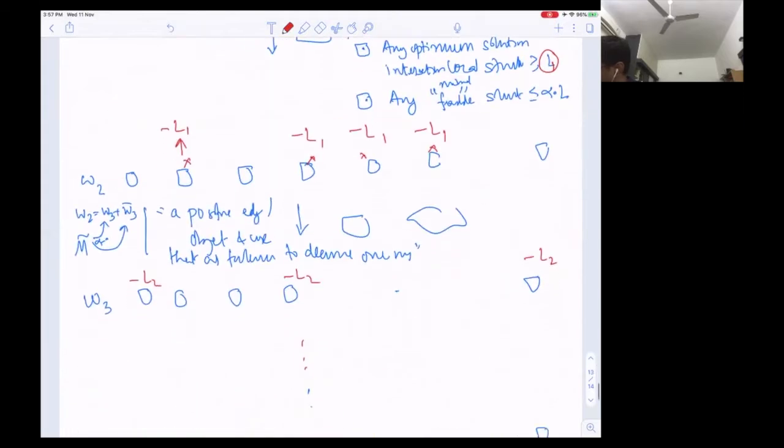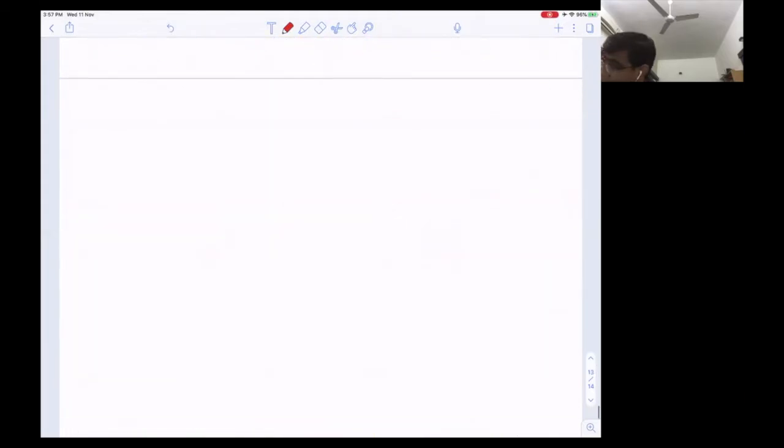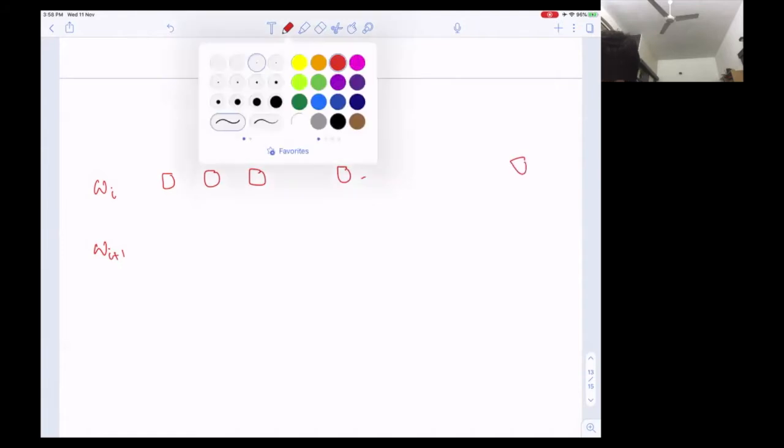Okay, so let's go back here. Suppose I have a current weight function Wi, and let's try to understand what changes Wi and Wi plus 1 would have. So here is my weight function i. Recall, how is it defined?